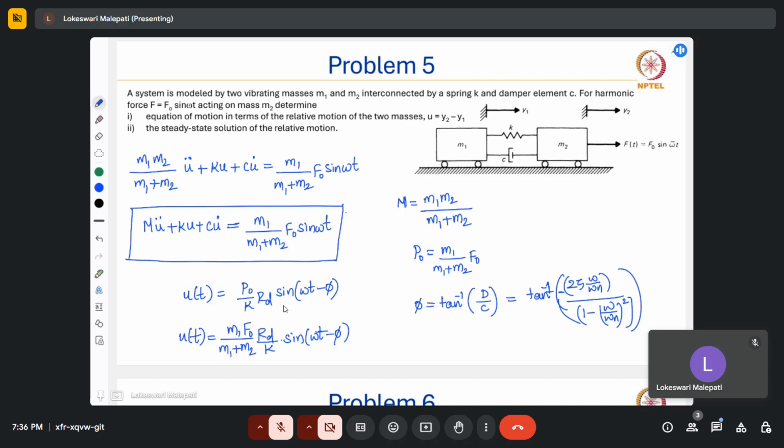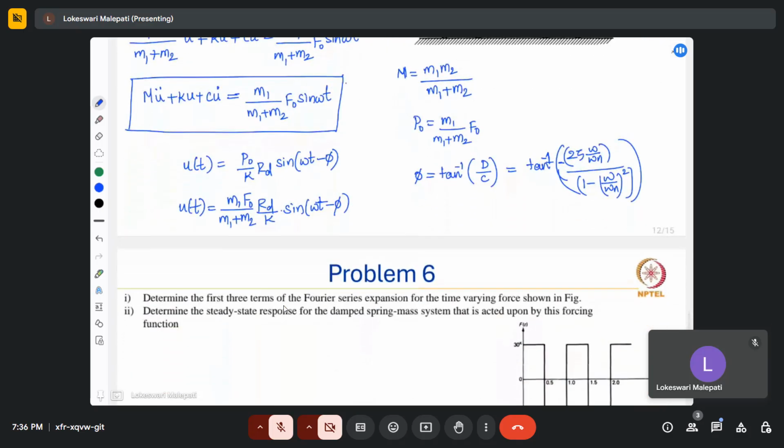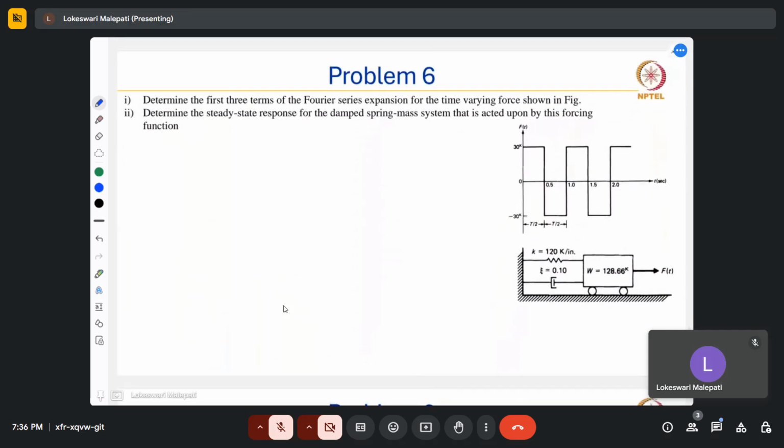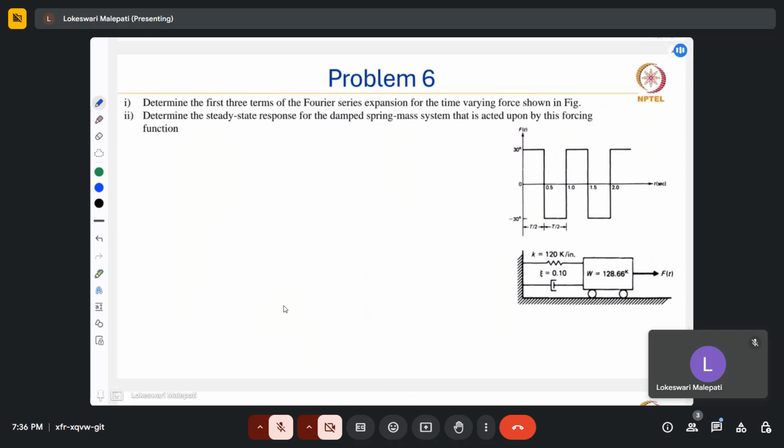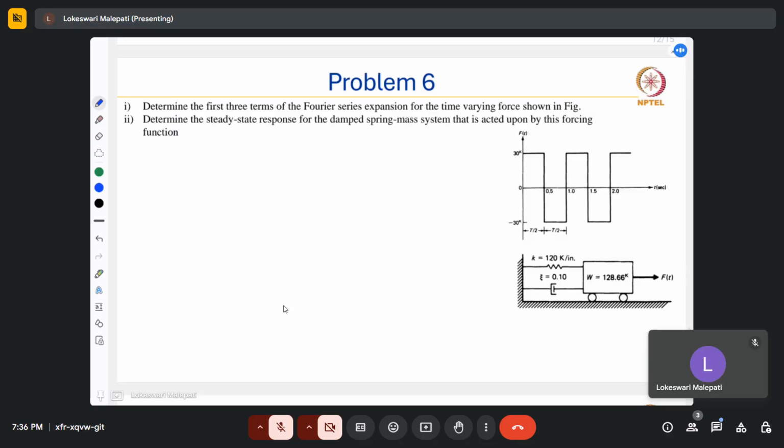Next, we'll solve one last problem, which is related to the solution for general periodic excitation. In this third week's content, our professor has already taught the solution for periodic excitation.